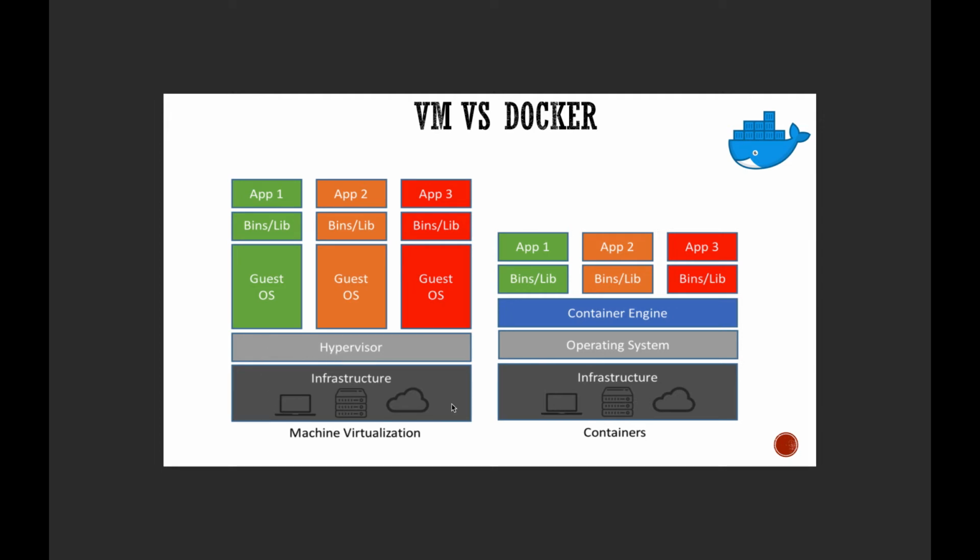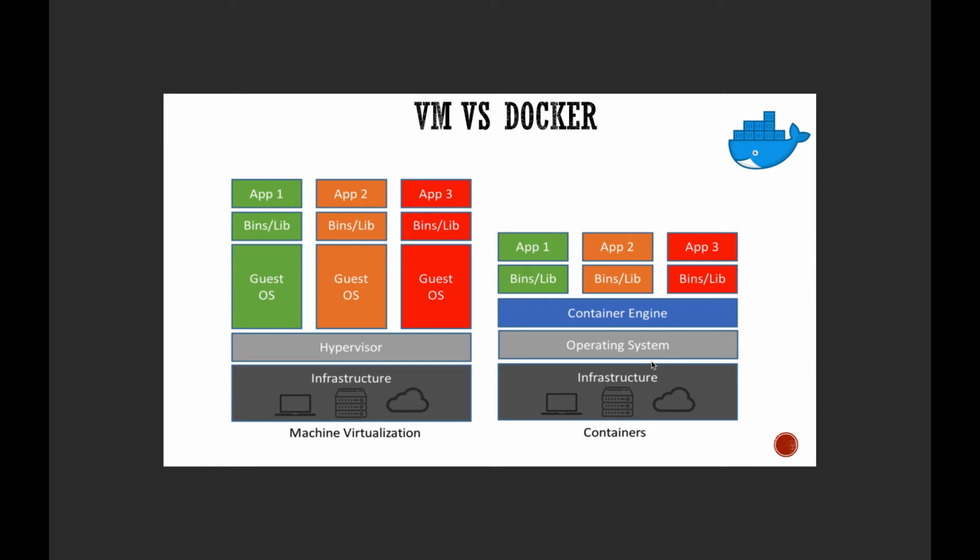But the majority of the difference in the case of Docker is that we don't require any hypervisor, and a single operating system can host various applications using container technology, and it is very lightweight compared to the VM, and it is very efficient and fast.